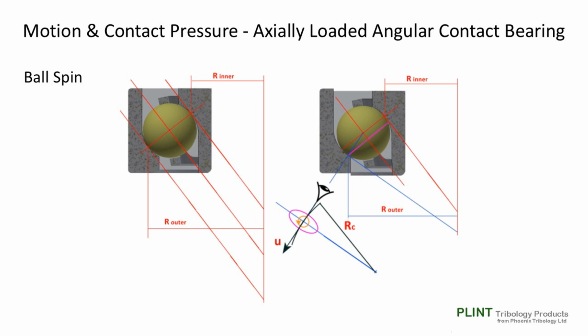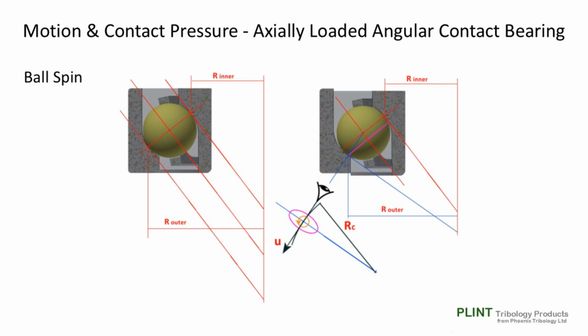This illustration shows on the left an idealized contact with the tangents at the ball race contacts and the axis of rotation of the ball all parallel. On the right hand side, the illustration shows what happens if there is, for whatever reason, deflection in the bearing.